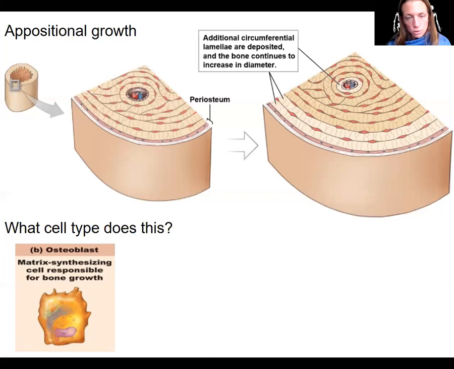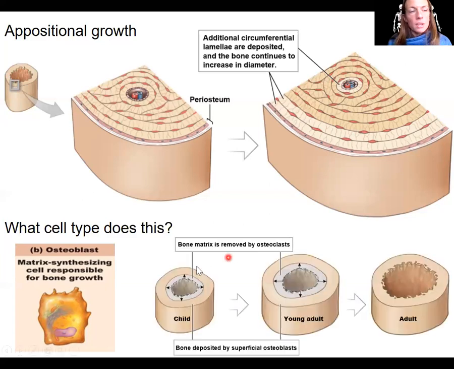So let me go to my image of this. Here we go. In a child, you start with the size of bone. Bone is deposited on the outside by osteoblasts. At the same time, bone on the inside, surrounding that medullary cavity, is resorbed. It's removed by osteoclasts.